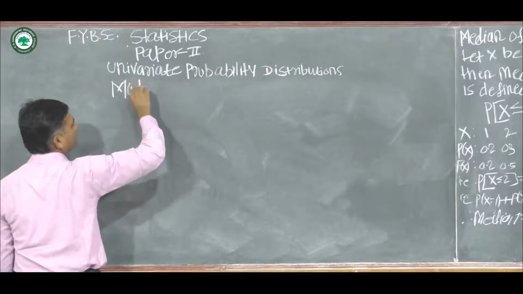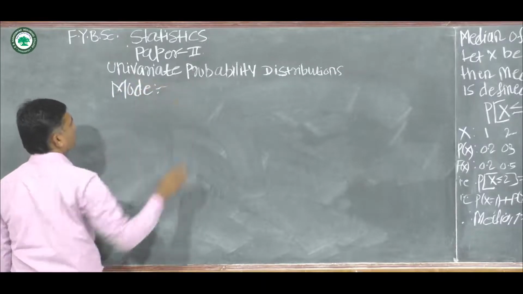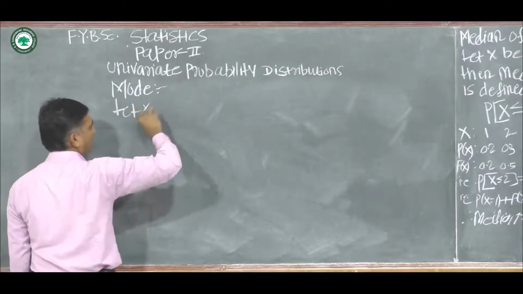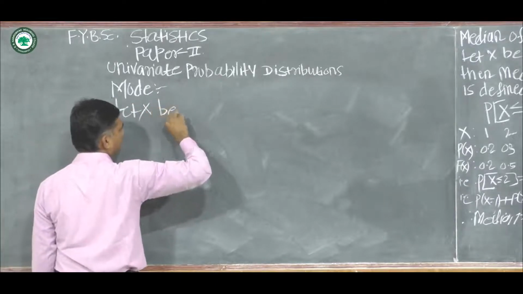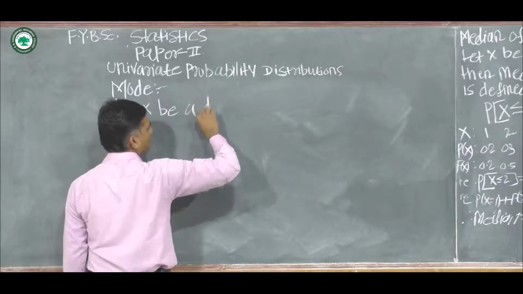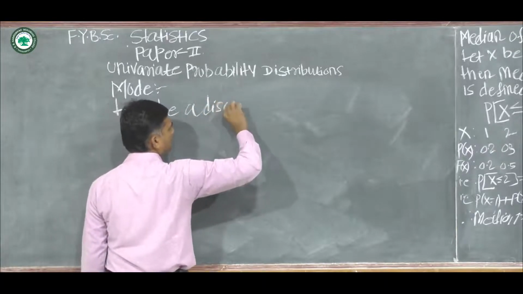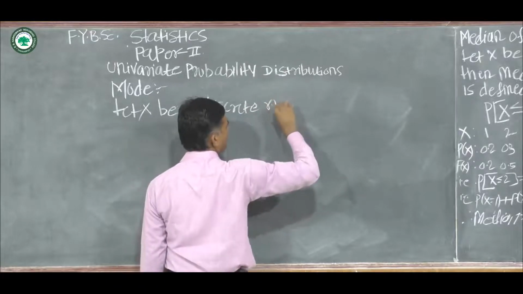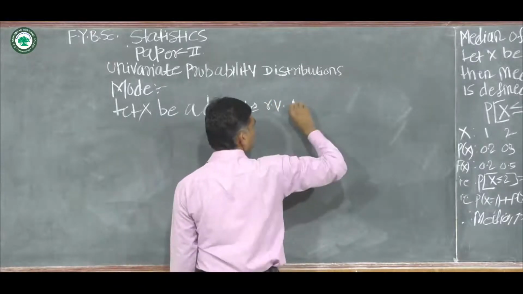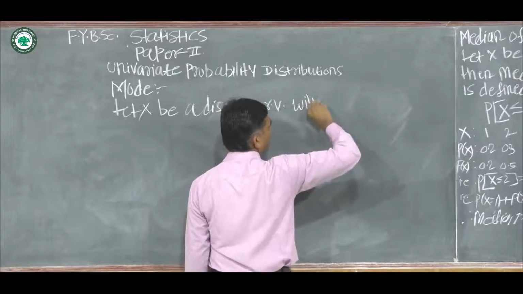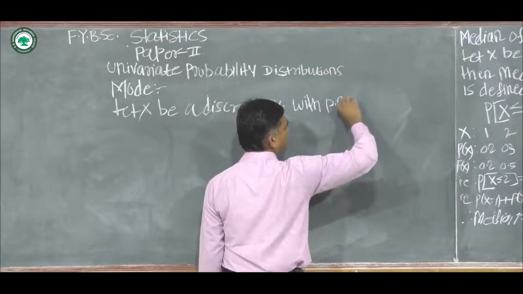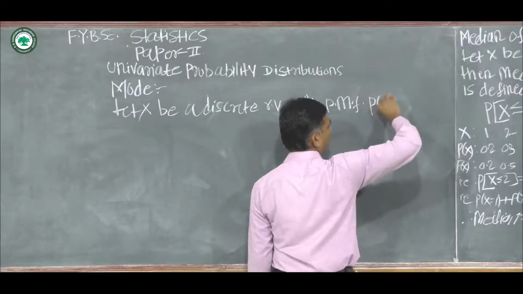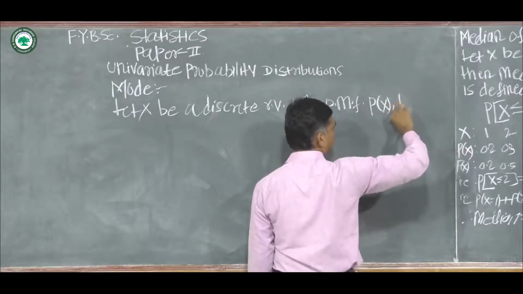Mode. Let capital X be a discrete random variable with PMF P of x.